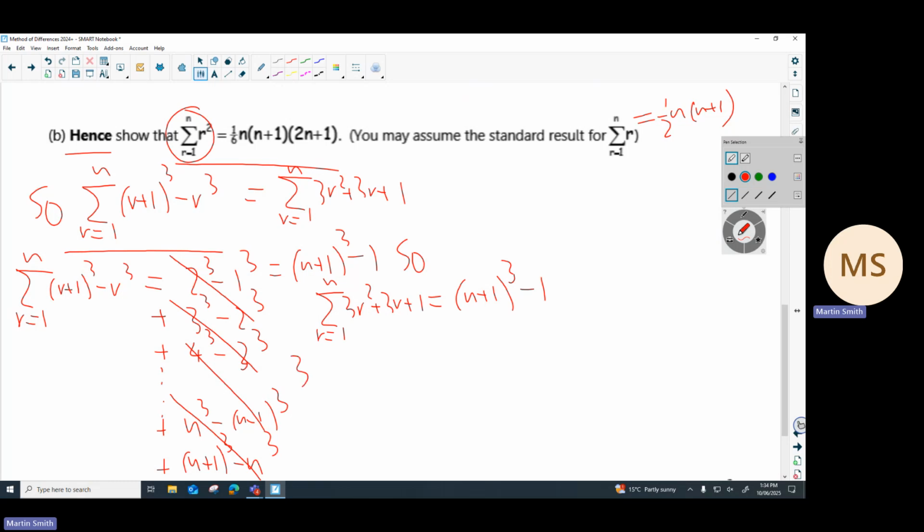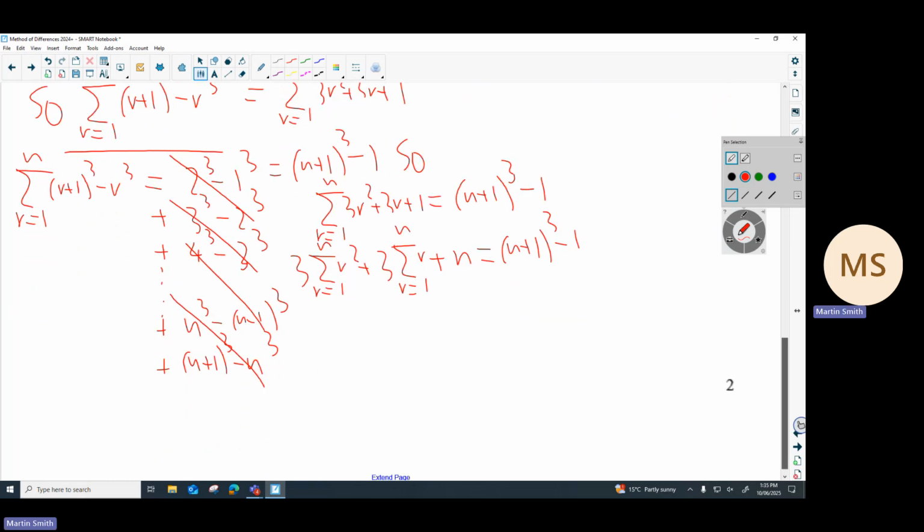So I'll get 3 times the sum from r = 1 to n of r squared plus 3 times the sum from r = 1 to n of r plus the sum from r = 1 to n of 1, which is just 1 add 1 add 1 n times, which is n, is equal to (n+1) cubed minus 1.